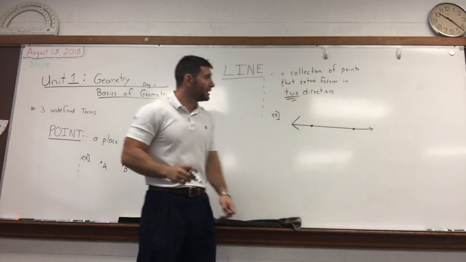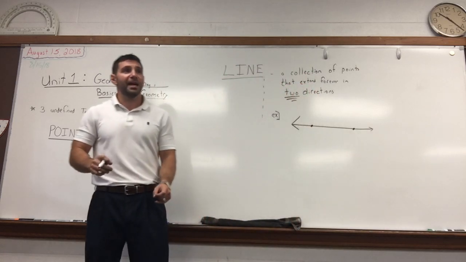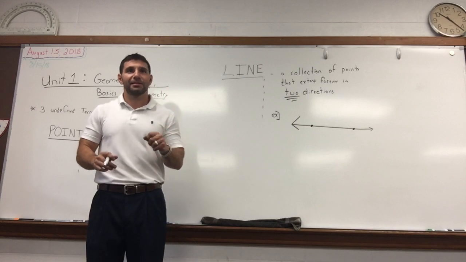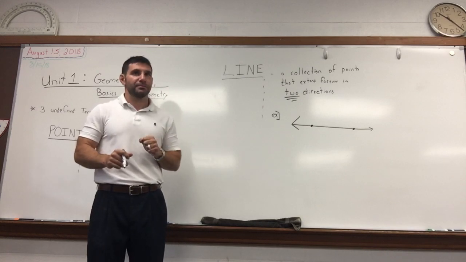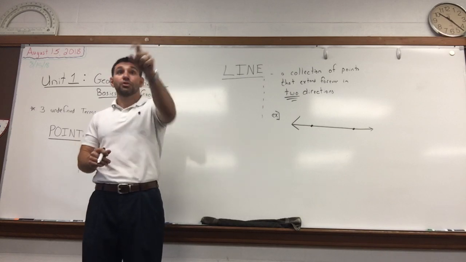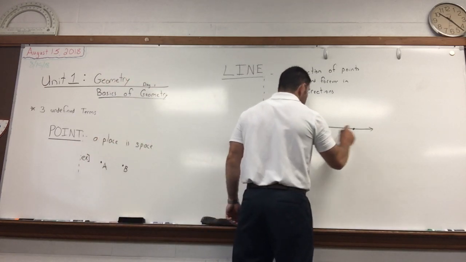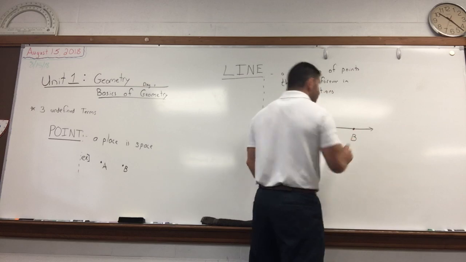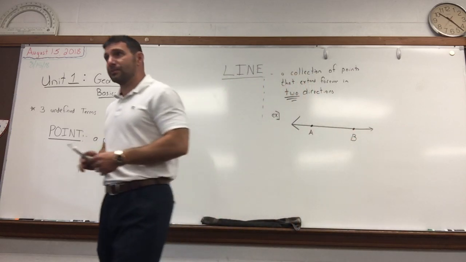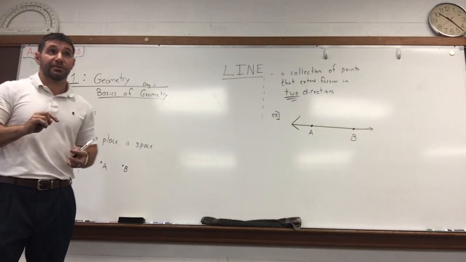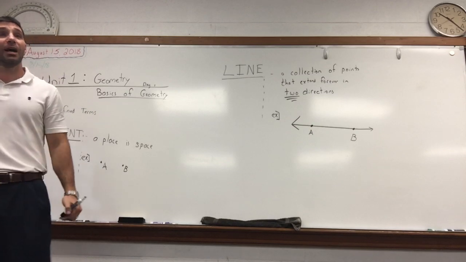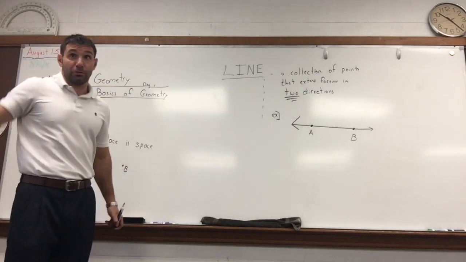To form a line, you must have at least how many points? 2. You must have at least 2 points. We name lines using 2 points. You will not name a line using 3 points ever.